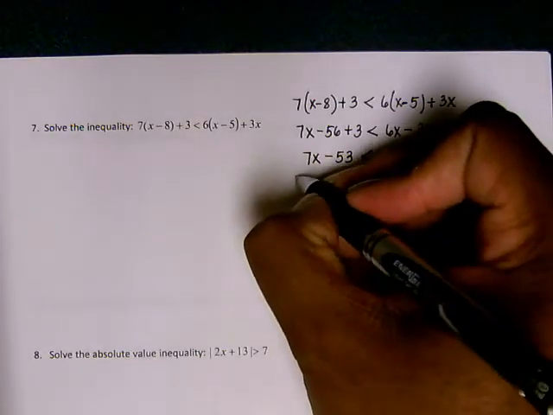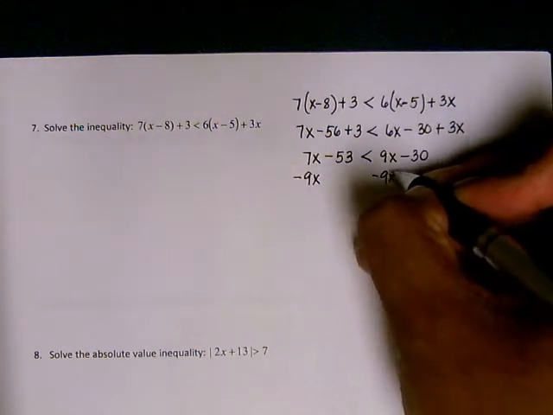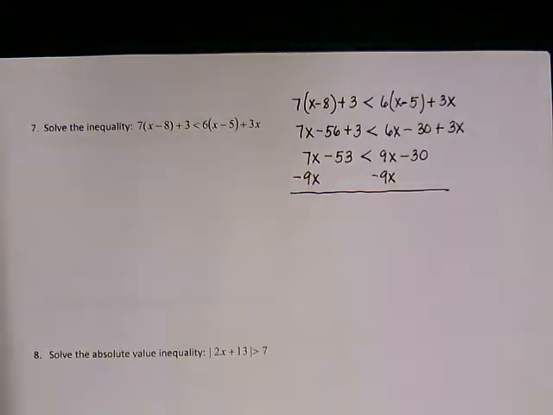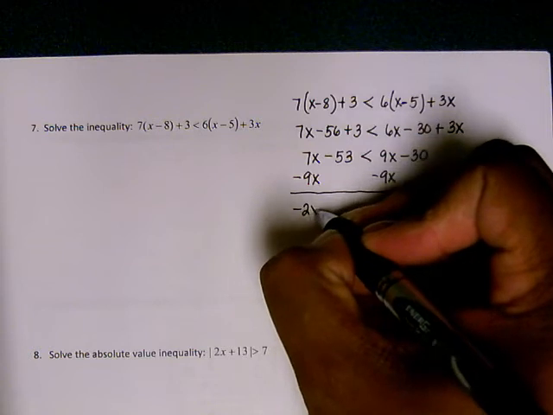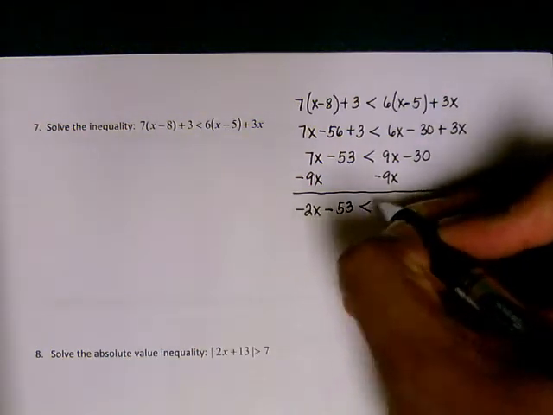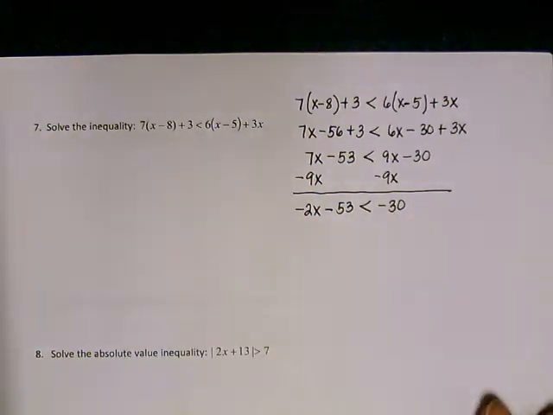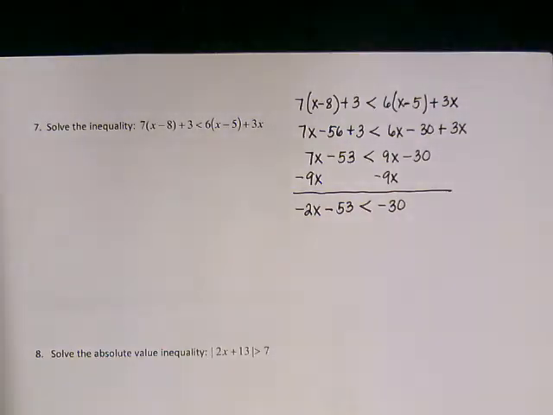And I'm going to do that by subtracting 9x on both sides. So in this case here, 7x minus 9x is a negative 2x. Minus 53, that's less than, bring down, negative 30. So you got negative 2x minus 53 is less than negative 30.